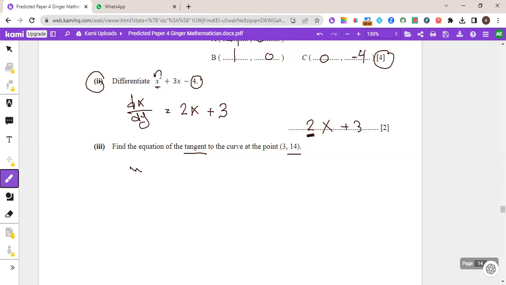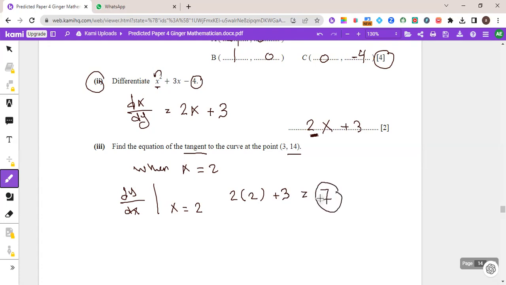So I will say when x is equal to 2, so dy by dx when x equals to 2 is 2 multiply 2 plus 3. 2 multiply 2, 4. 4 plus 3, 7.